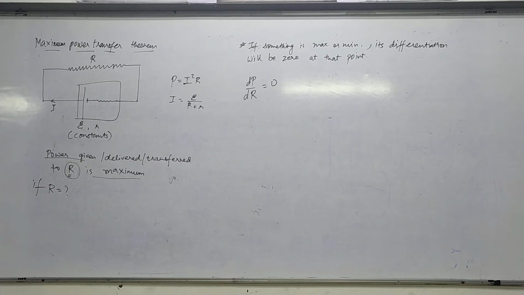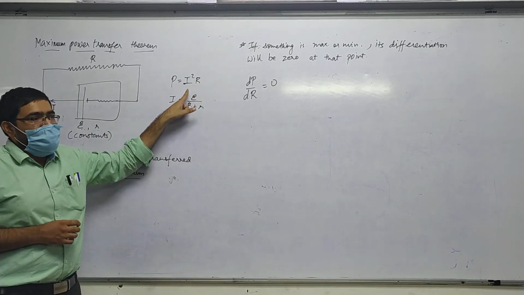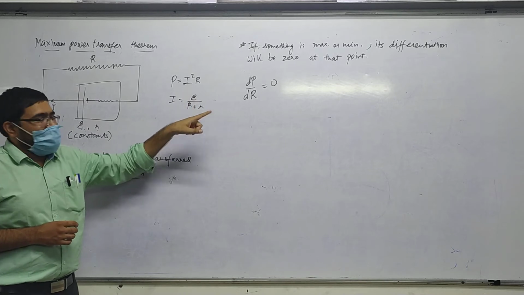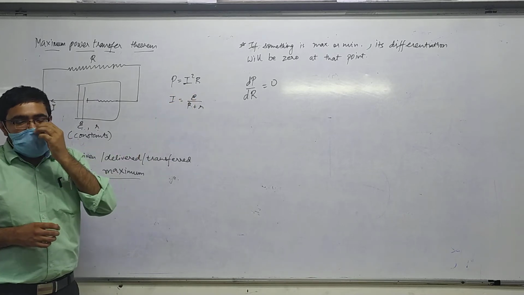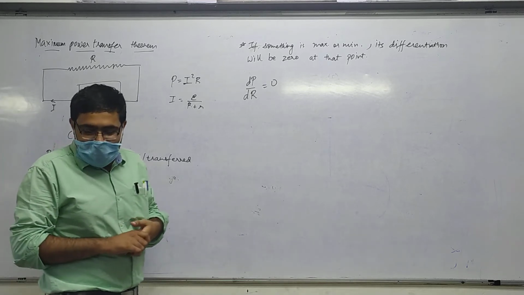I will not dip my toes into it, but you have to do the math and get the answer before we go ahead. How to start? Put the power formula I square R, with I equal to epsilon upon R plus R. Put it over there, and then use the division rule or whatever is needed. Okay.